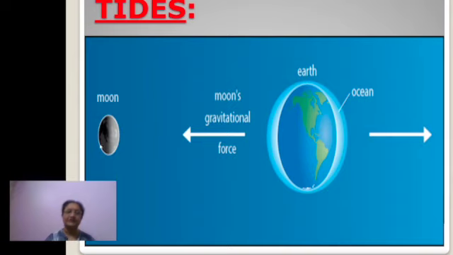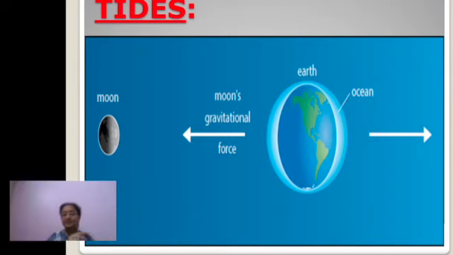Suppose the moon is on one side. Its gravitational force is much less than the earth's, but still it has some gravitational force. So what happens then? When the moon is moving around the earth, due to its revolution, and it moves over a certain period of time, you will find that when it is crossing any landmass, not much effect can be seen.